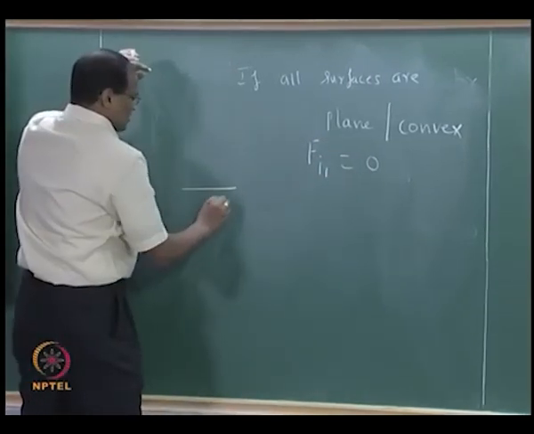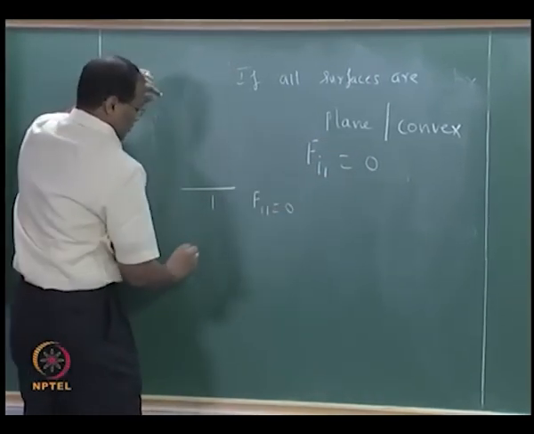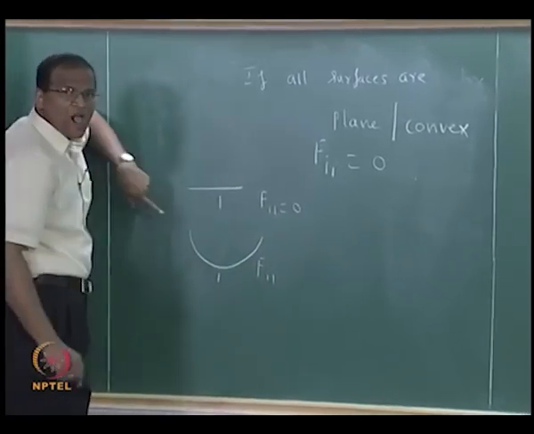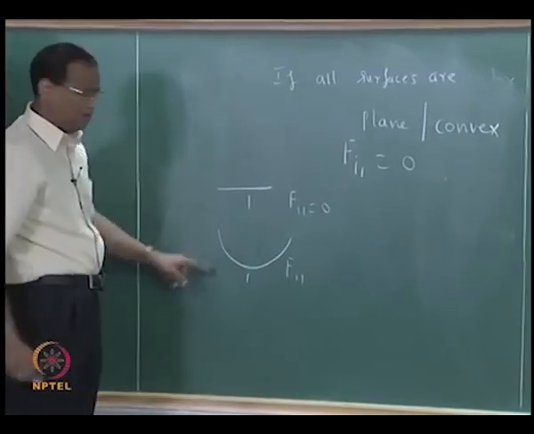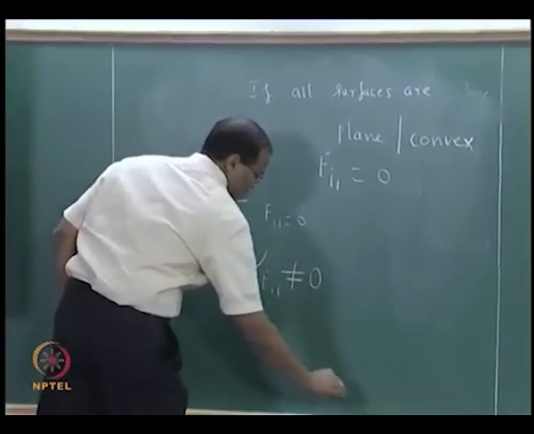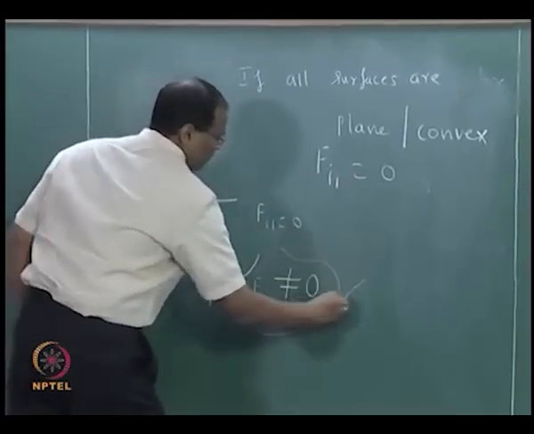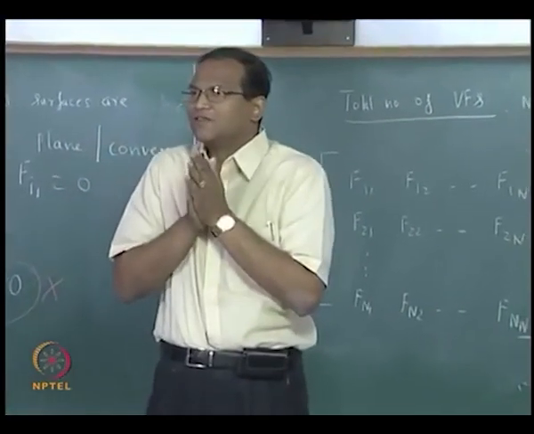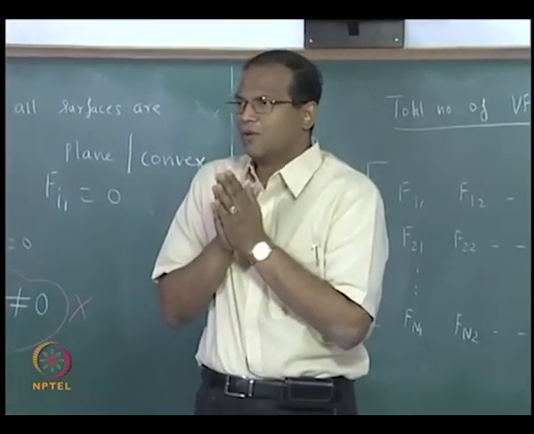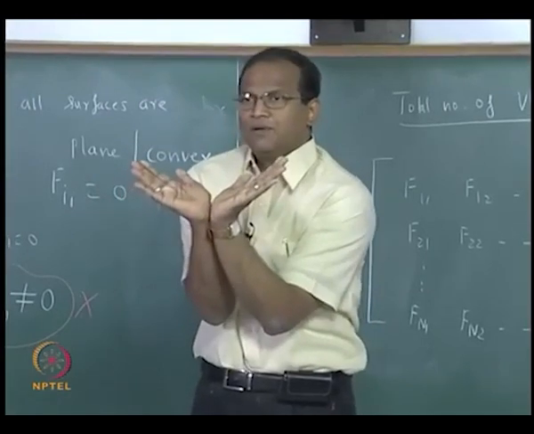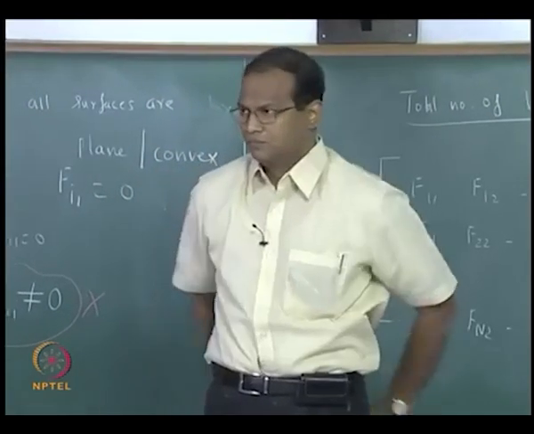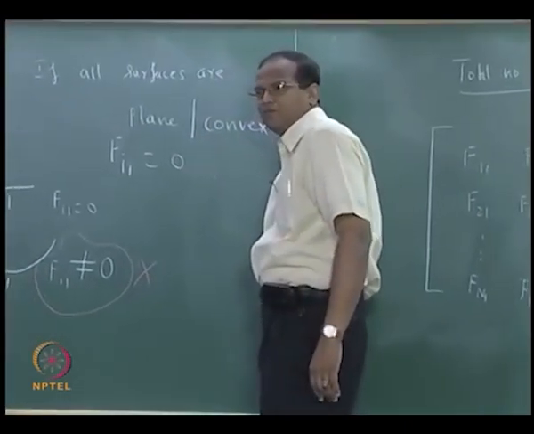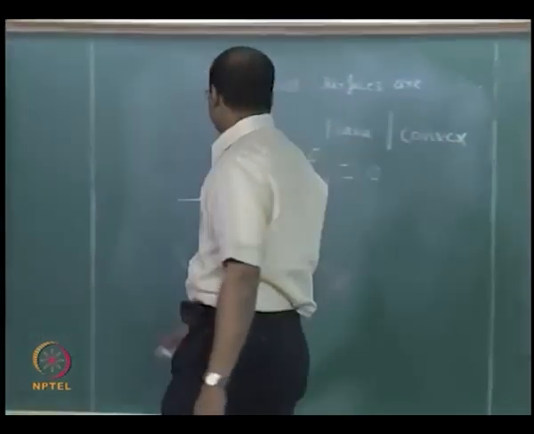For a concave surface, please note, it will give some trouble, so you have to handle concave surfaces with care. For a convex surface, there is no problem, because if it is like a hemispherical cup, it will look at itself, so that is called Fii, the self view factor.